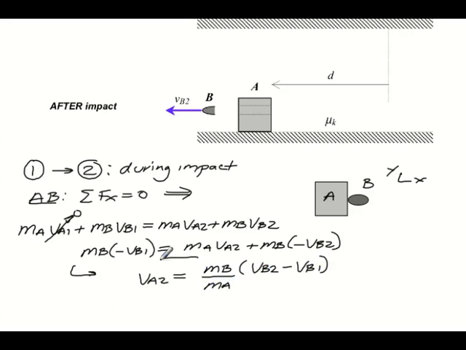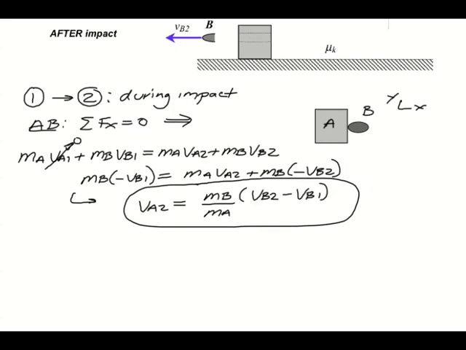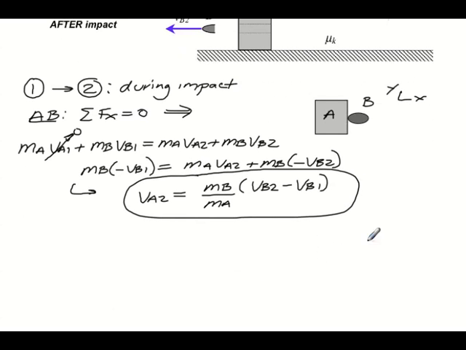So this is what block A does after impact. It's going to be moving to the left, and it's going to have that speed. But what we want to find out is, once the impact is over with, we want to relate the distance that it slides before it comes to rest back to the coefficient of friction.